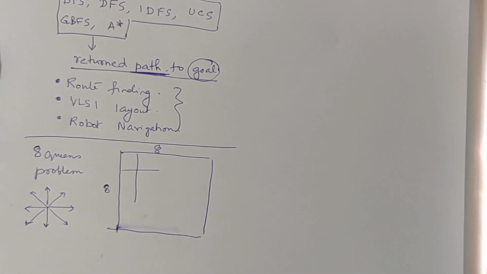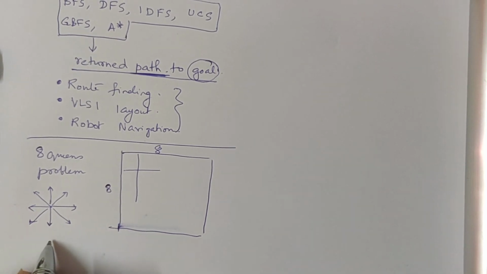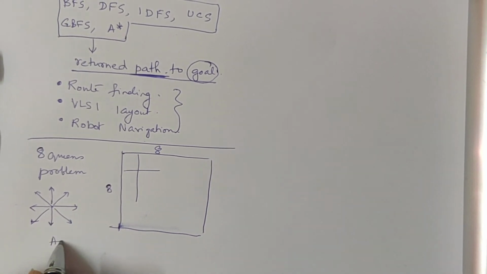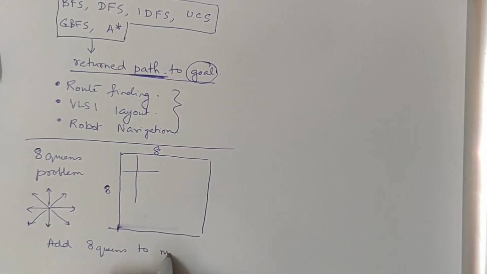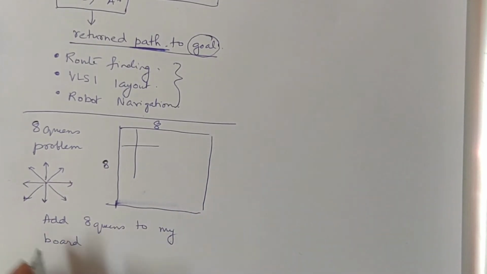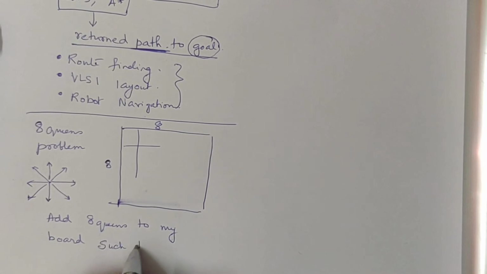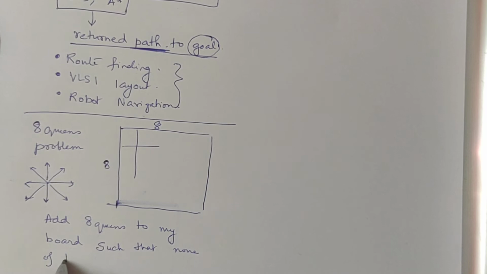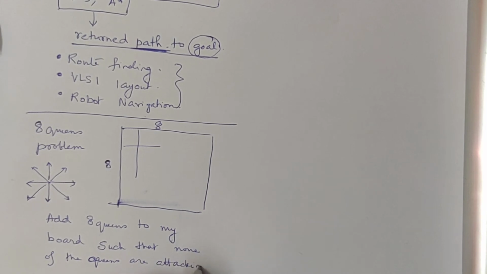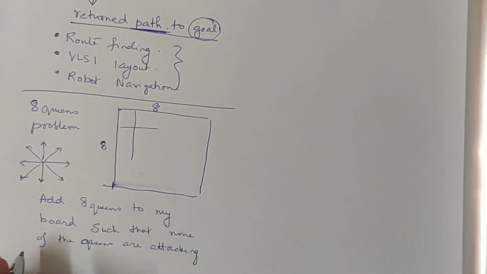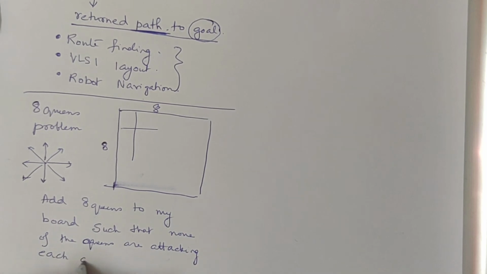The 8 queens problem says that I want to add 8 queens to my board such that none of the queens are attacking each other.